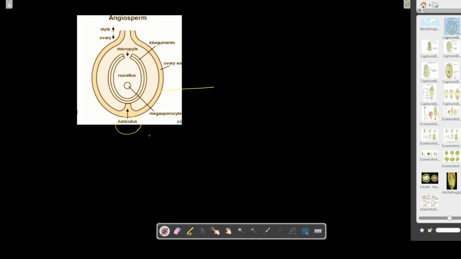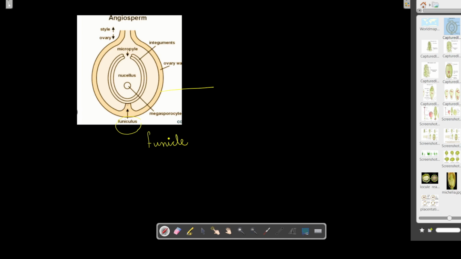In your textbook it is given as funicle. The funicle is the stalk by which the ovule is attached to the placenta.